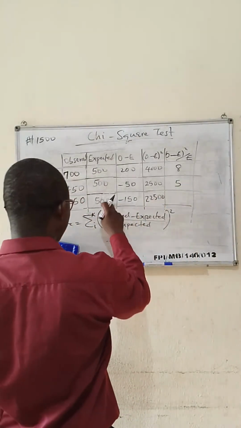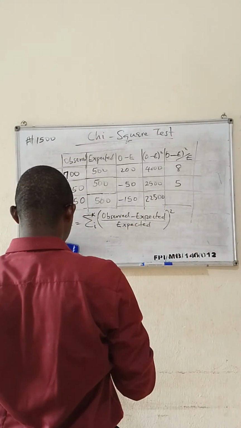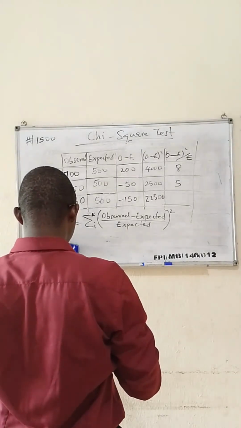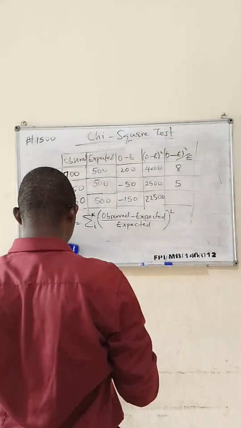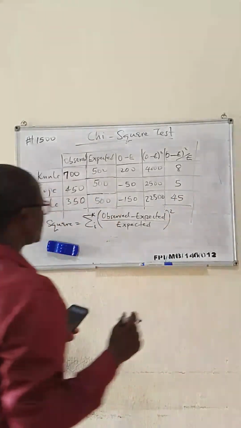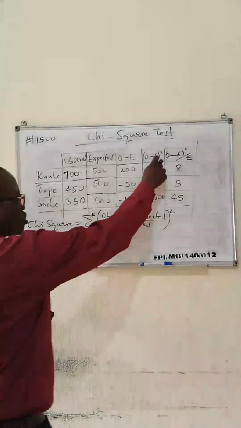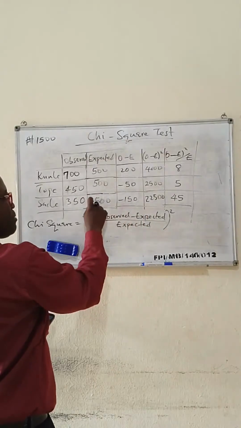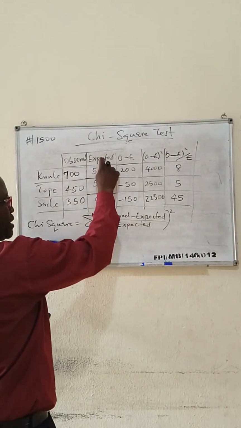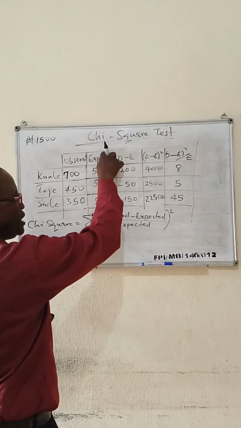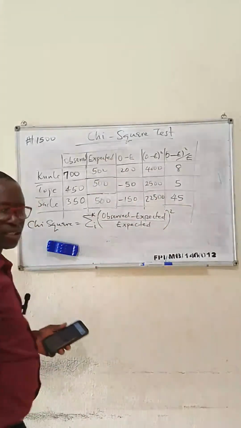Then 22,500 divided by 500. What's your own answer? Mark you, this column is divided by E. This is E, expected. O minus E all squared divided by E. That's what we are having here.